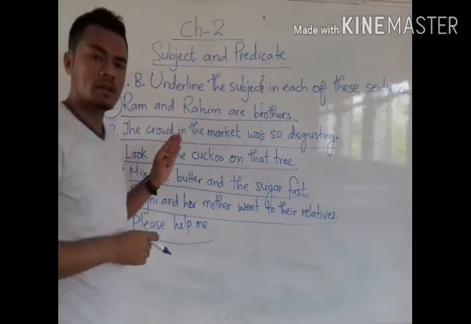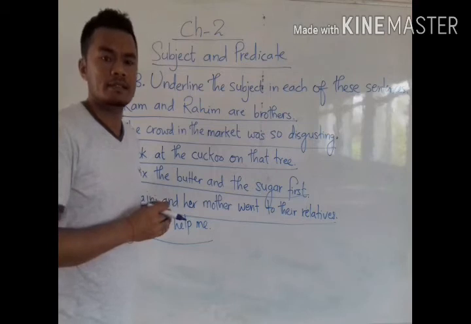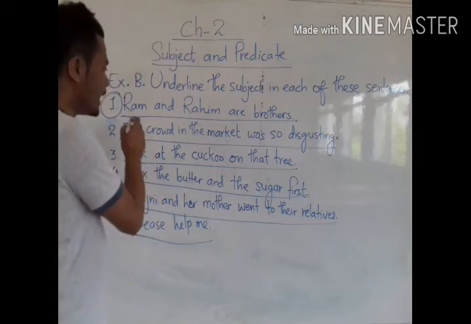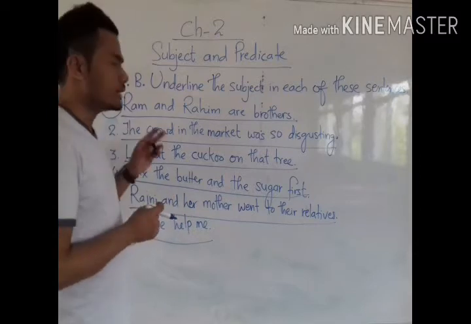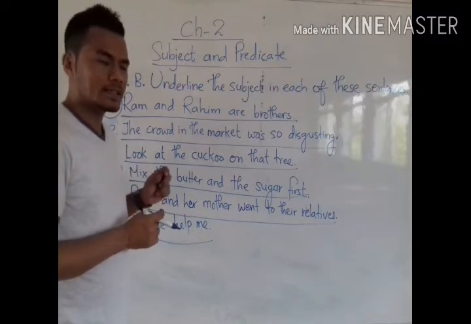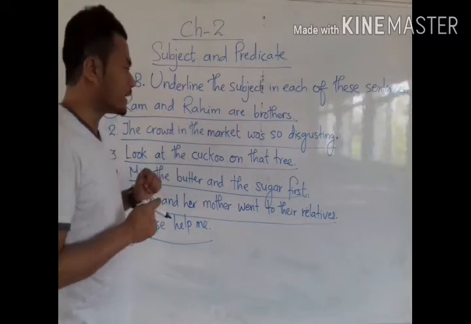I have written some of my own sentences and some sentences from the same exercise, exercise B. So I have written here, Ram and Rahim are brothers. Now this is an assertive sentence because it tells us something in a straight manner.